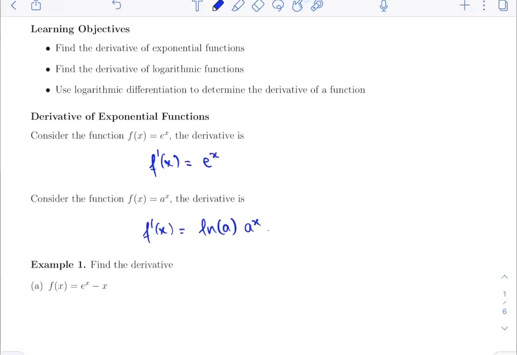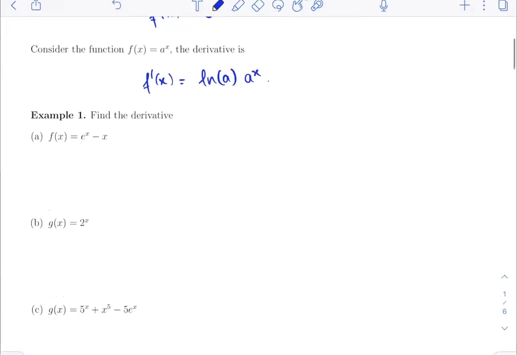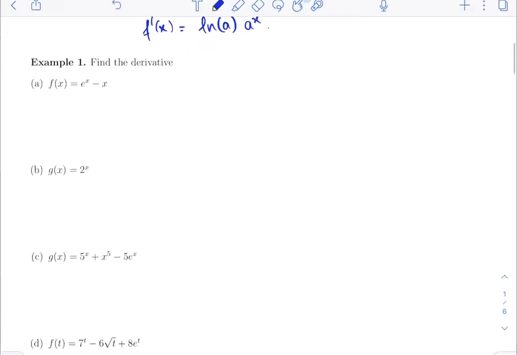Let's consider example 1. In this example, I want to find the derivative of the following functions. In part A, I have the function f of x equal to e to the x minus x. The derivative of this function is f prime of x equal to (e to the x minus x) prime. As you remember, the derivative of the difference is the difference of derivatives.